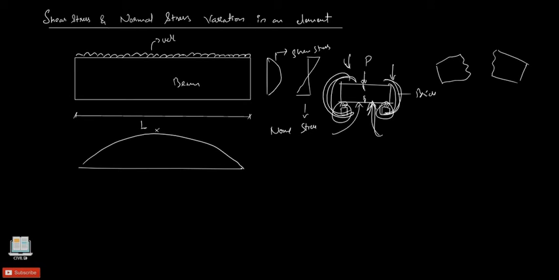Now what I want to say here is that this is the normal load, which is acting perpendicular to the surface, isn't it? There is maximum stress at the surface itself. Normal stress is commonly represented as sigma.